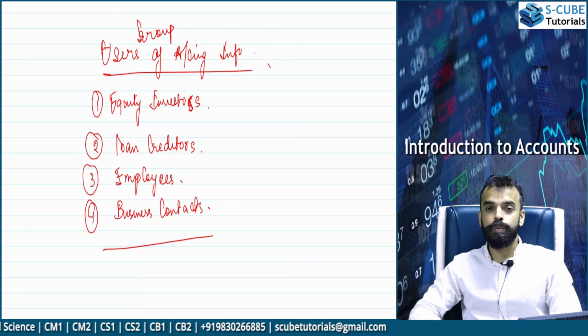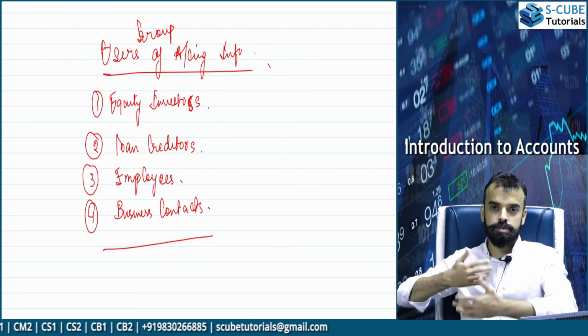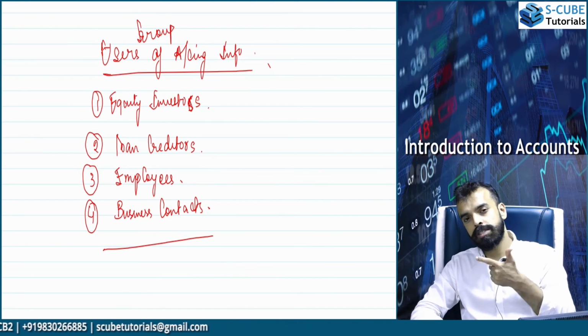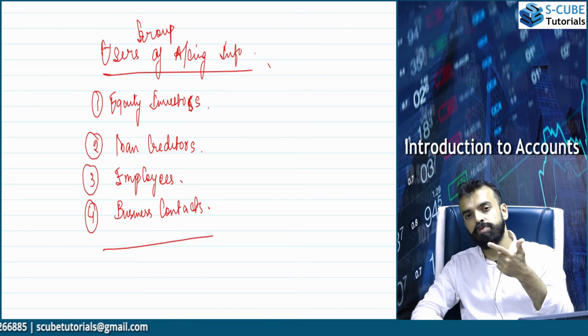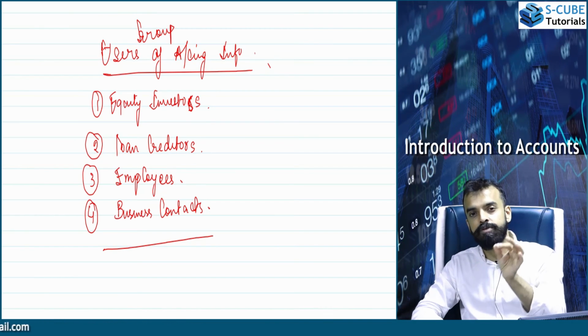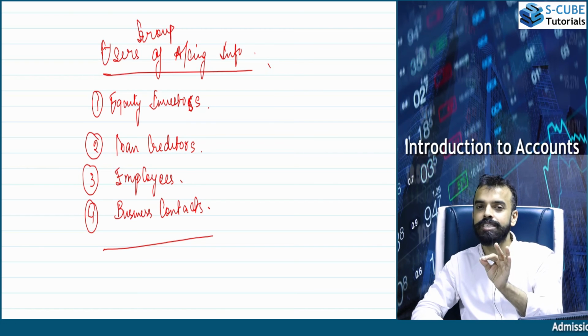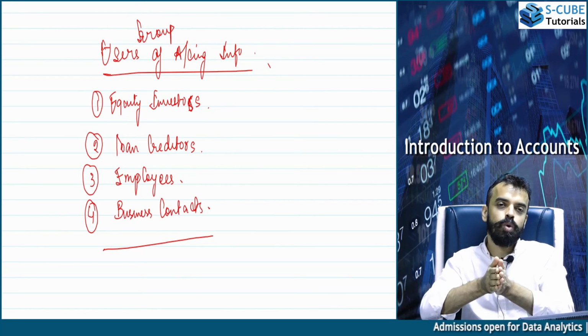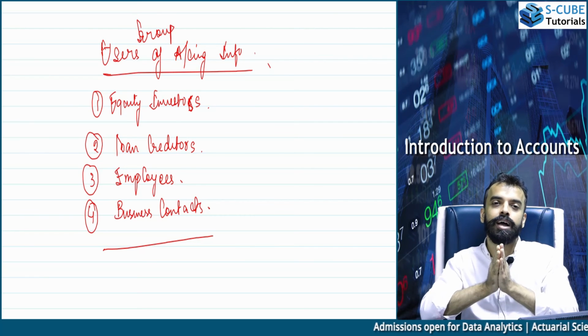Now let me tell you, when a company is dissolved and wound up, firstly its assets will be sold and its liabilities will be paid off. Who will be paid off earlier, the shareholders? No. All the liabilities will be paid ahead of the shareholders, and the shareholders have the residual stake in the company.